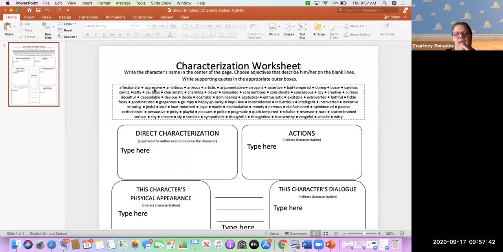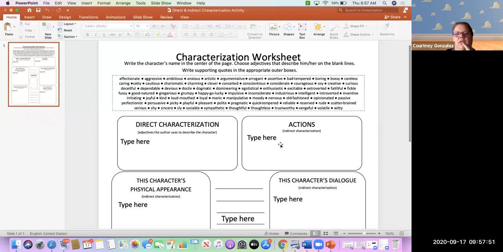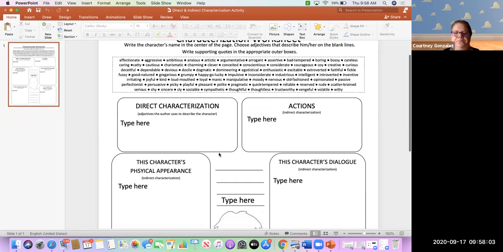So if Edward Bloor said the artistic Paul, then that's direct characterization. But if he said Paul is sitting over on a bench drawing a beautiful picture of a tree, well, then you've got to read into it and see that Paul is artistic. So that is indirect.